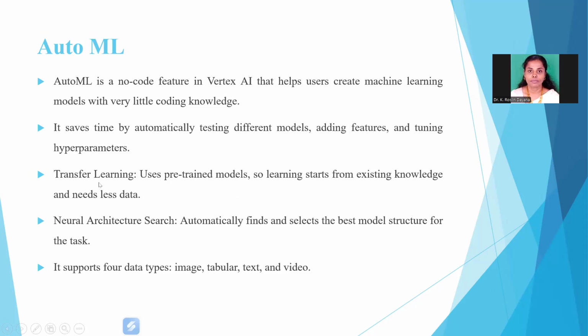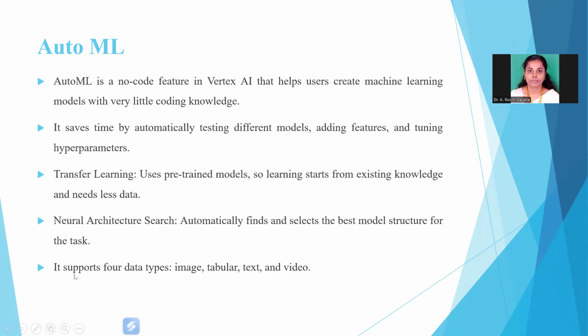After we give the model some datasets, using the existing knowledge, the model will predict the actual image or object. Neural architecture search automatically finds and selects the best model structure for the task.